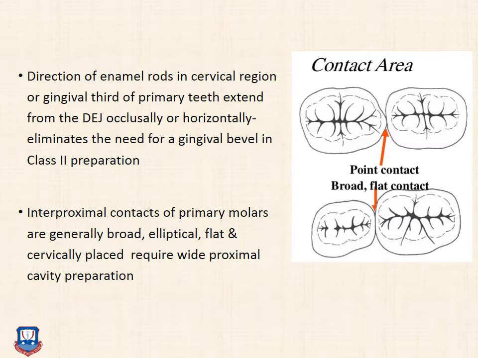The interproximal contact is generally broad, elliptical, flat, and cervically placed, so if there is a cavity on the proximal surface of a primary tooth, it requires wider cavity preparation because of the placement of the contact area.